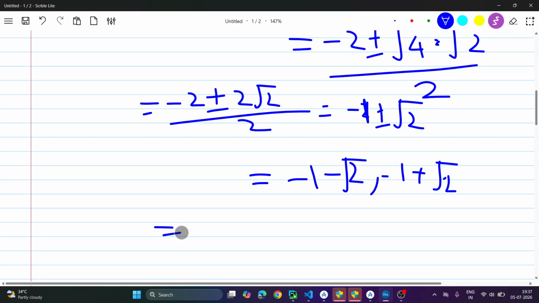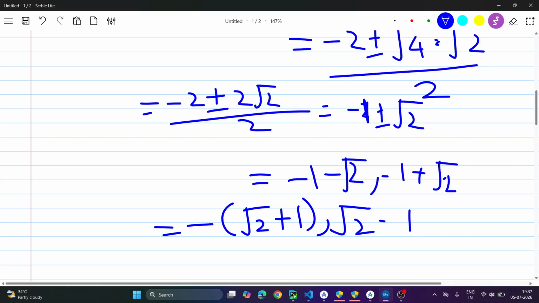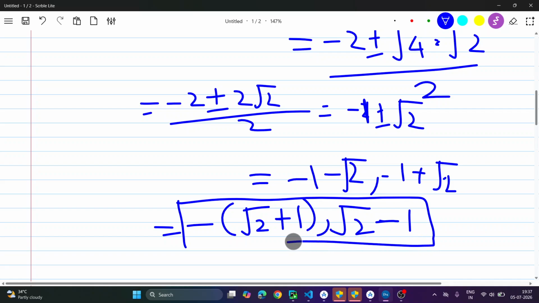So this is equal to minus of root 2 plus 1, or root 2 minus 1. So these are the two zeros of the polynomial.